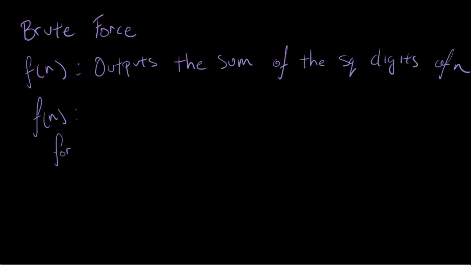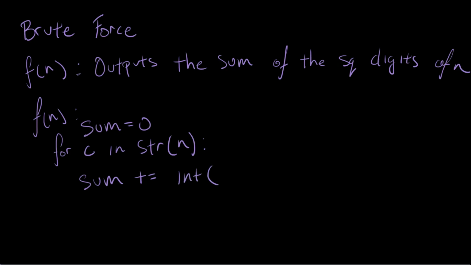So for c in n as a string, we can have a sum that we're going to be adding to, and we can just say sum plus equals the integer of c squared.